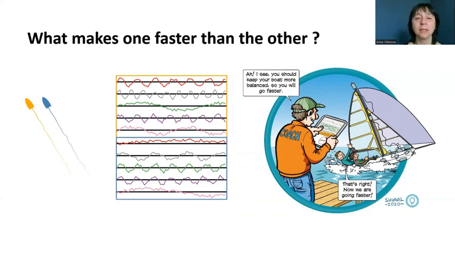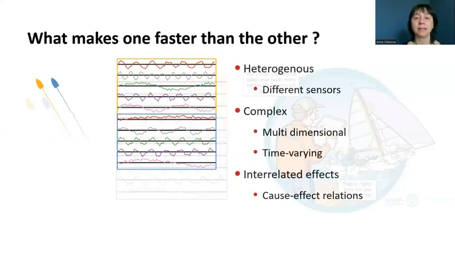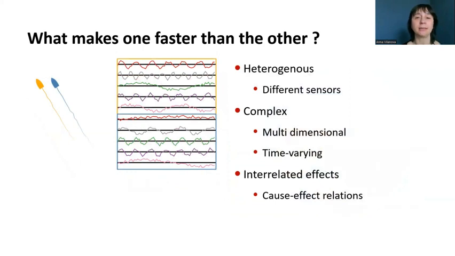performance. However, this data is highly heterogeneous, so it represents different things like the angle or the force in the load of the sails. It is multidimensional, so it's difficult to understand the relation between the variables, and it is also time varying, and there are causal effects in the data.